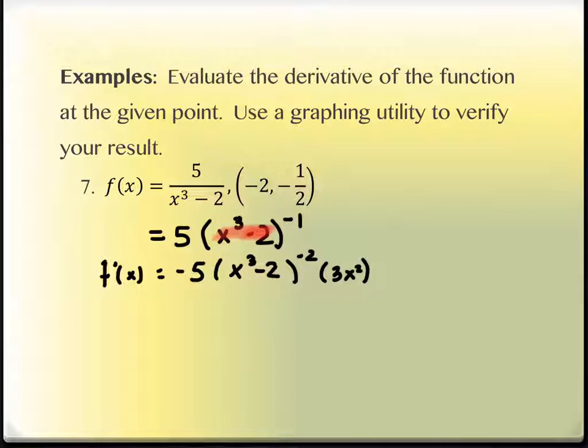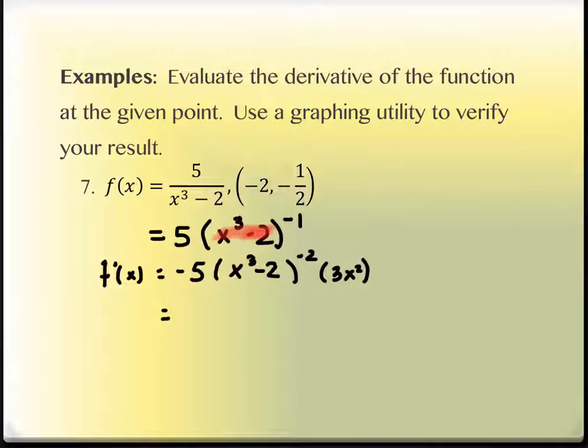Now, we're going to clean it up just a little bit, not because we have to, but because we're going to evaluate this one, and so it's going to be a little bit more friendly to do that with this particular one to rewrite. Sometimes I don't clean up anything when I'm going to evaluate. But this one has a negative exponent, which makes it a little bit awkward, and so I don't want to deal with the negative exponent when I do that, so I'm going to rewrite it first.